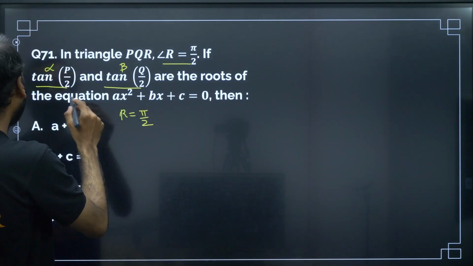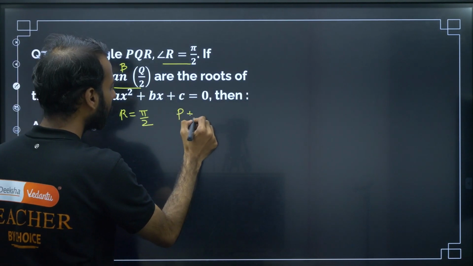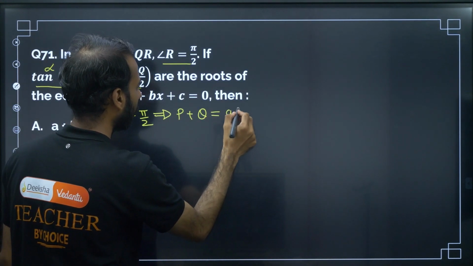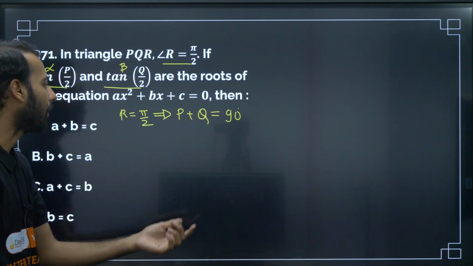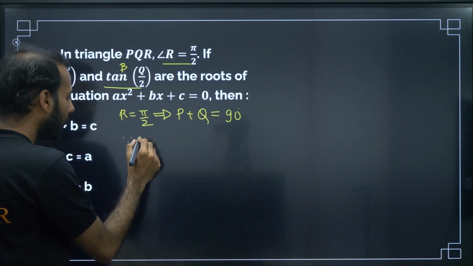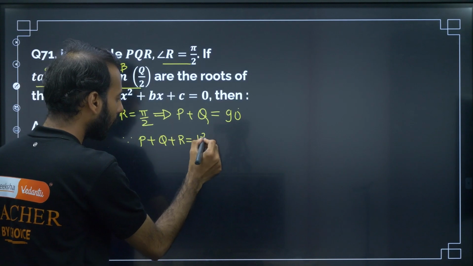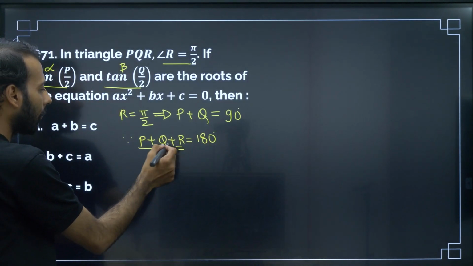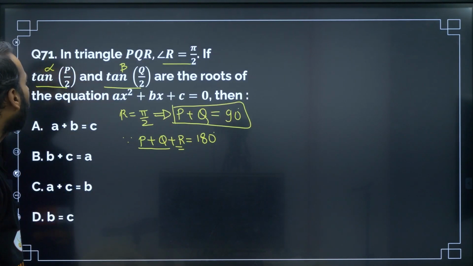R is 90 degrees, that means P plus Q is 90 degrees, because P plus Q plus R is 180 degrees.